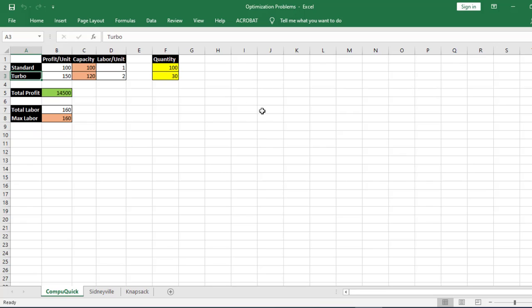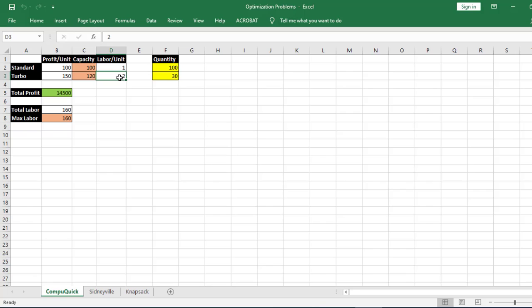As a first impression, guys, you can see that this is not logical, because I know that the turbo has the highest profit. So I should do more turbo than standard. However, guys, the turbo necessitates a lot of labor hours. And this has also a cost, and this has also a capacity.